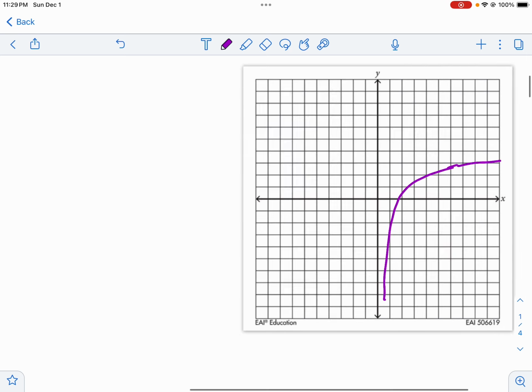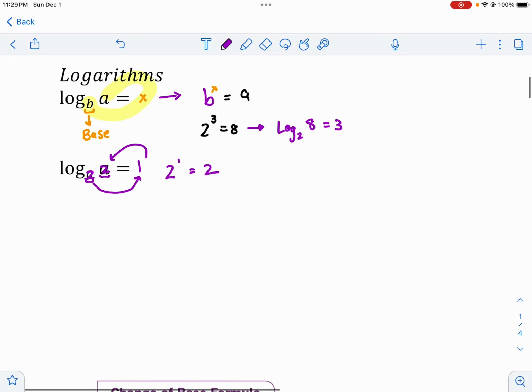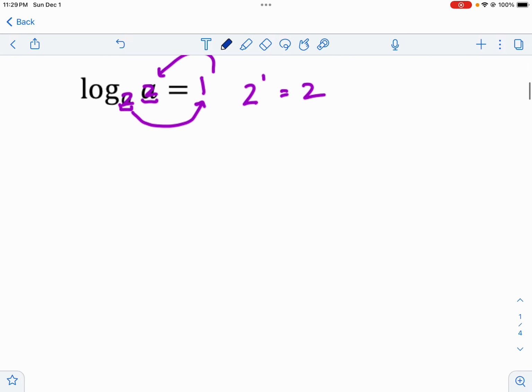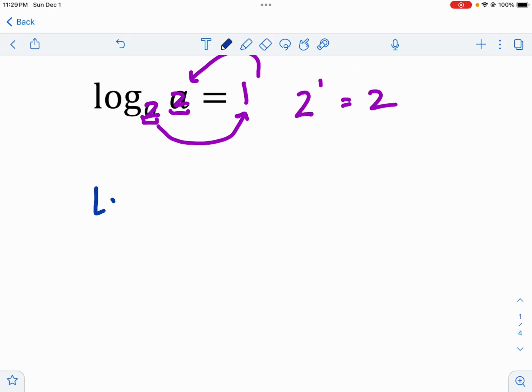So there's a special case. Remember the last time we talked about the base e? That's your natural base. So log base e. Let's say log base e of x. Sometimes I'll write it in parentheses, sometimes I won't.